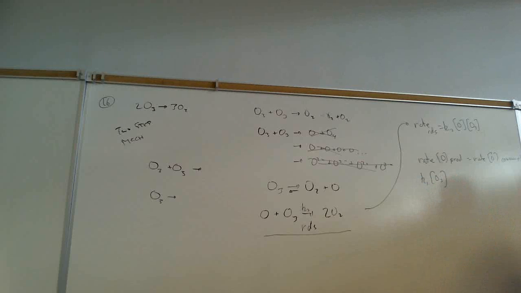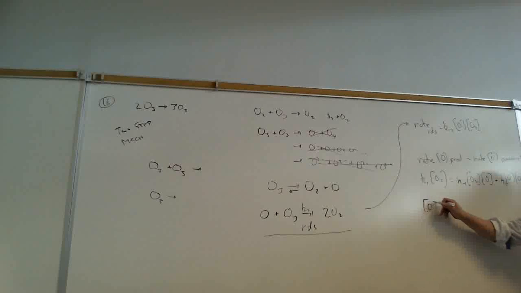It's first order in ozone. How's O being consumed? Well, K minus 1, the reverse process, times O2 to the first, O to the first, plus K2 times O times O3. So we can factor out the O here and then just solve for that.